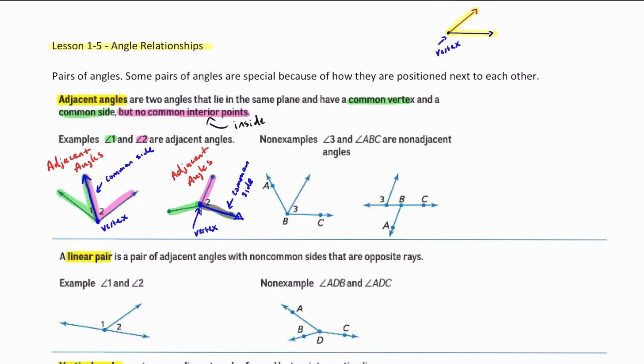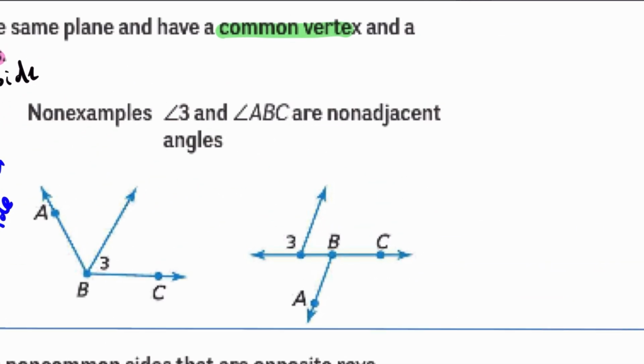Now, what are some examples of non-adjacent angles? Here's some examples of non-adjacent angles. Angle 3 and angle ABC are non-adjacent angles. This is angle 3, and here is angle ABC. We can see that angle 3 and angle ABC share a common endpoint over here at B. That's the vertex.